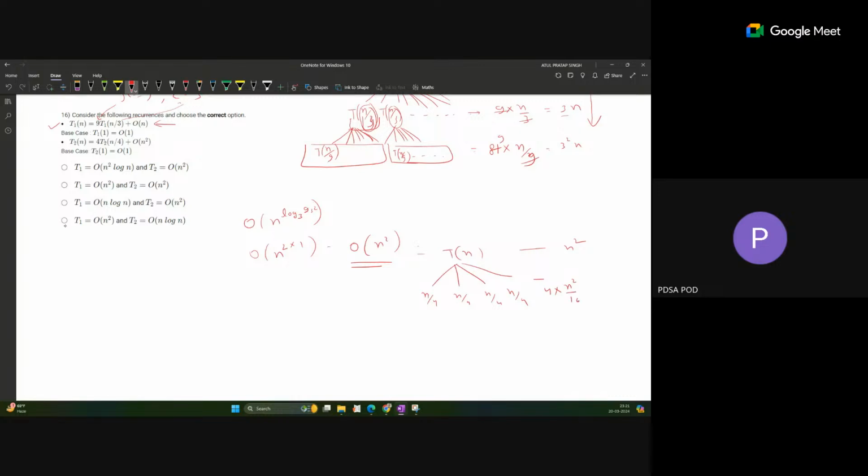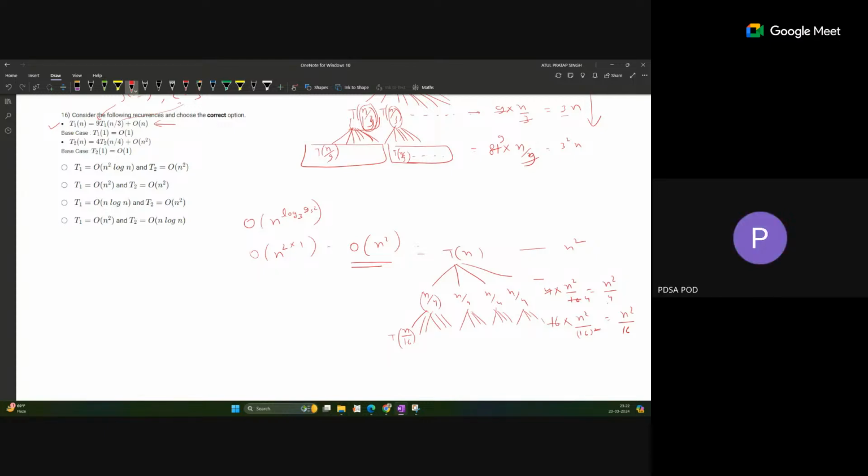So at this level it is n square by 4. At the next level, again 4 times for each, so total 16 into n square divided by 16 square, so this becomes n square by 16.